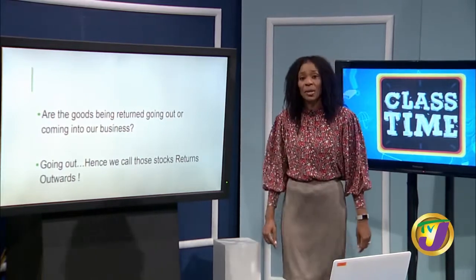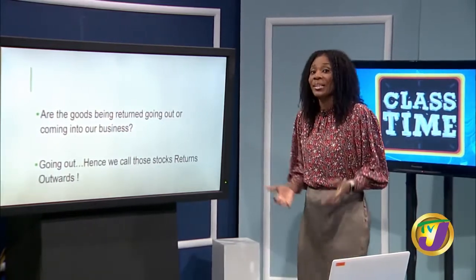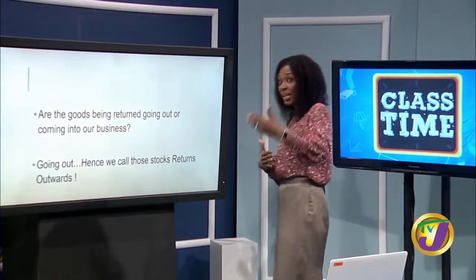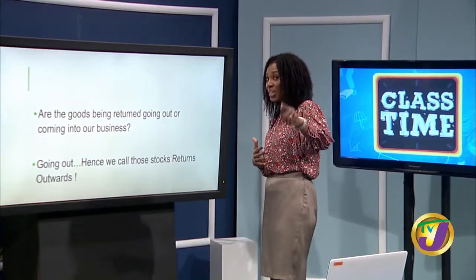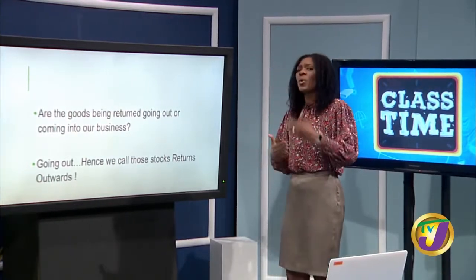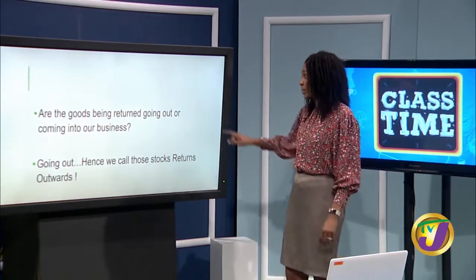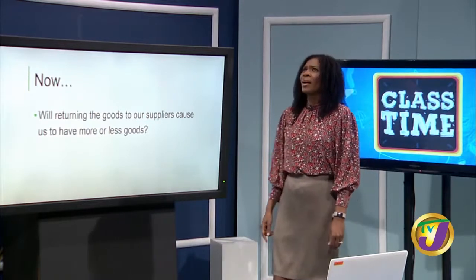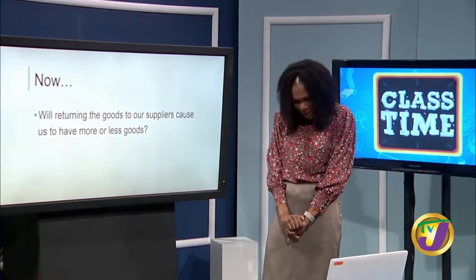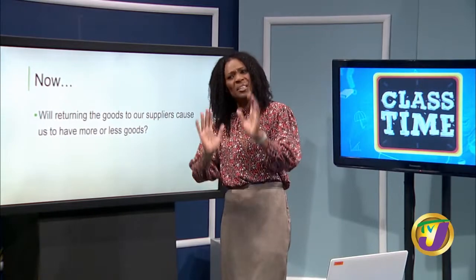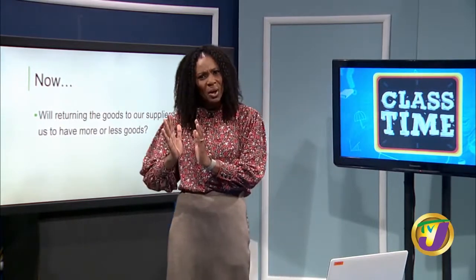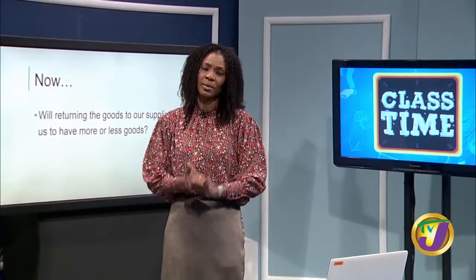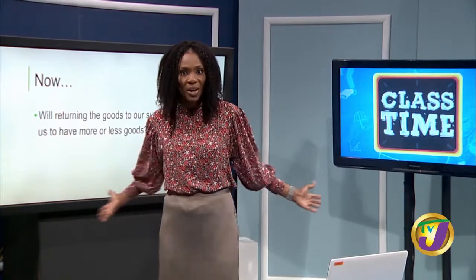We would record it, after returning it, as a returns outwards. Now, students, returning the goods, will it cause the business to have more goods now or less goods? Less. Good, because we no longer have it on the shelf or in the warehouse.